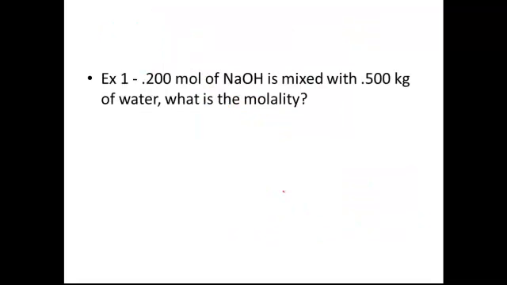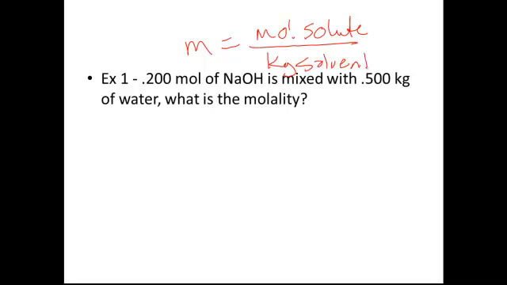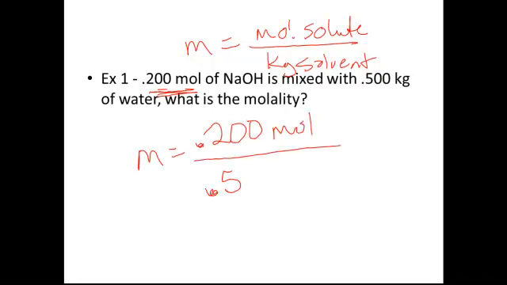So in a problem such as this, we've got 0.2 moles of sodium hydroxide. It's mixed with 0.5 kilograms of water, and they want us to find the molality. As we just saw, molality, little m, is equal to moles of solute over the kilograms of the solvent. So we've already got moles. That's our sodium hydroxide. So little m is going to equal 0.200 moles over 0.500 kilograms.